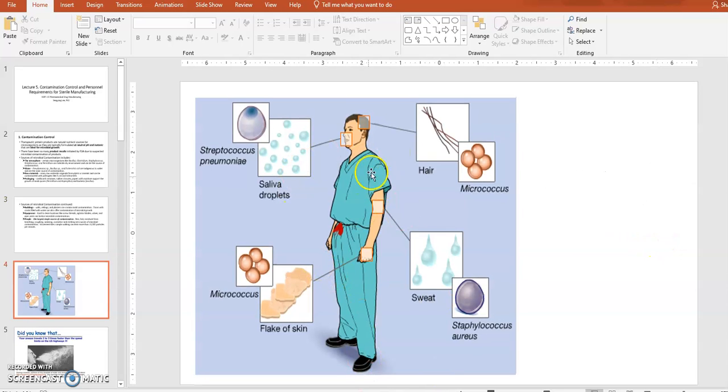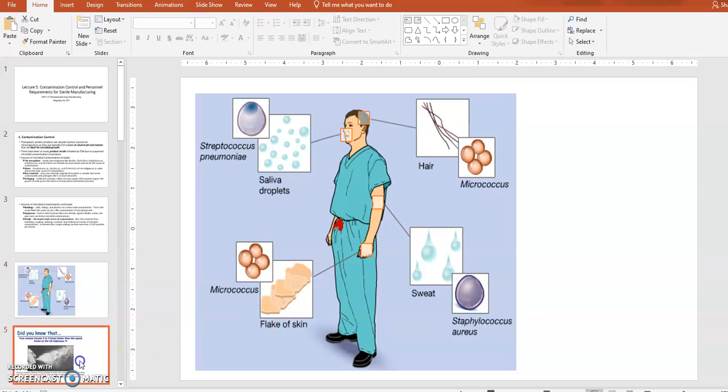A lot of you is not just you alone. As you know, there are streptococcus in your sweat or hair, micrococcus in your sweat, another species of streptococcus, and skin flakes may have micrococcus. So many possible contaminants coming from you.